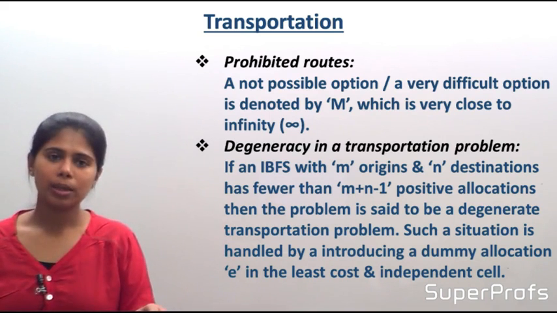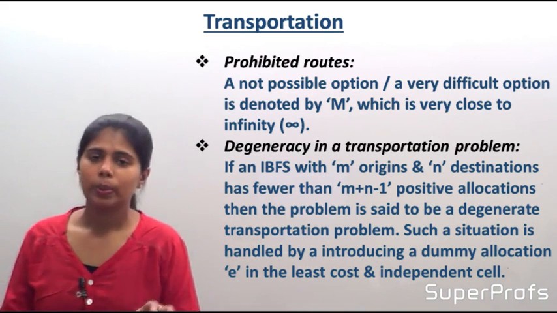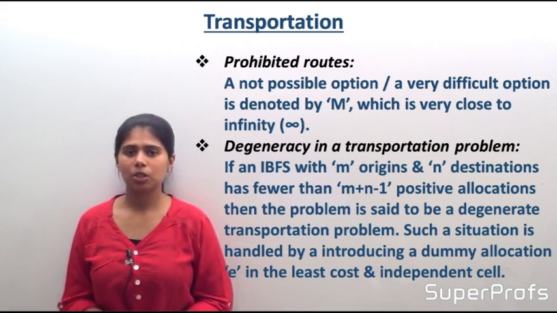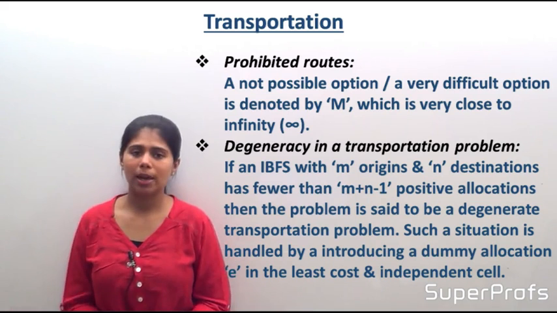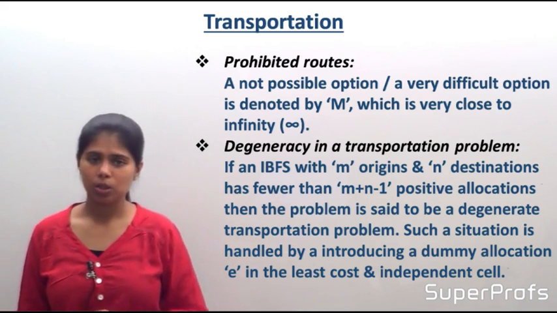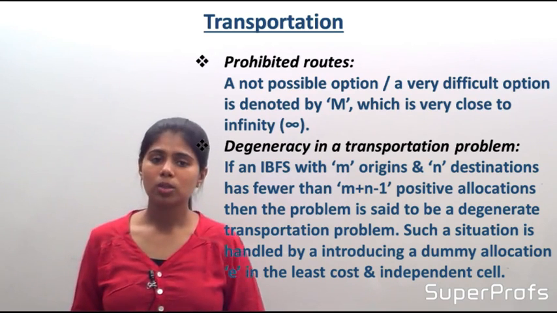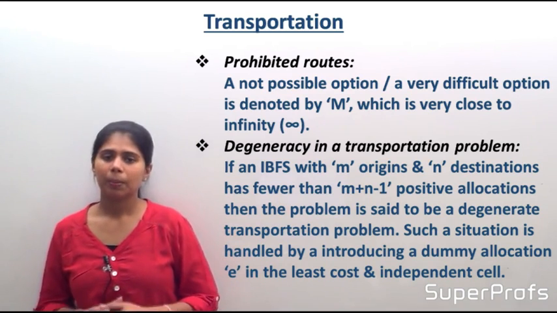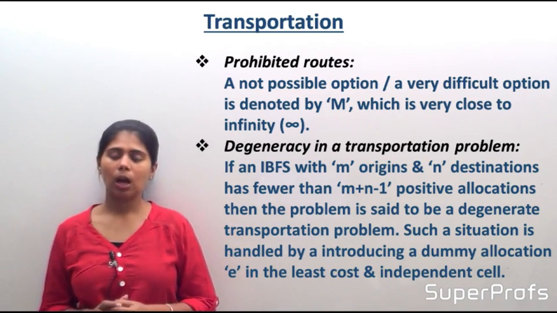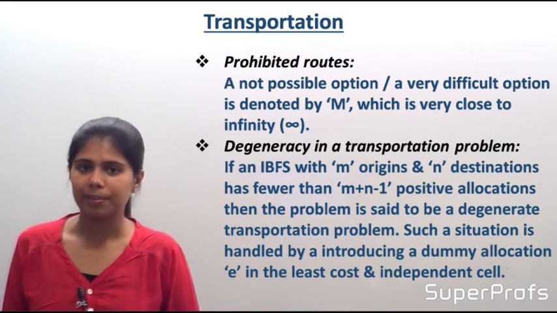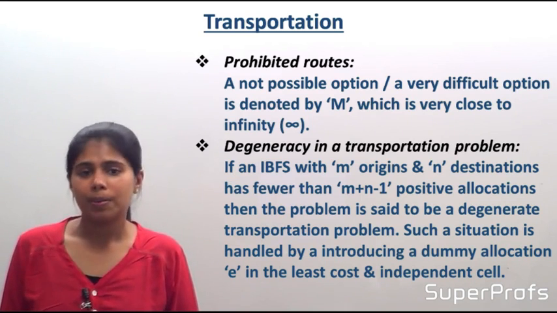So with that we come to the end of transportation. We covered what is transportation, we covered the steps of transportation, preliminary check, IBFS, optimality test, the 3 methods of IBFS, Vogel's approximation method or VAM, northwest corner rule method, lowest cost cell method. Then we looked at a practical example of how to find out the VAM, IBFS, optimality test.